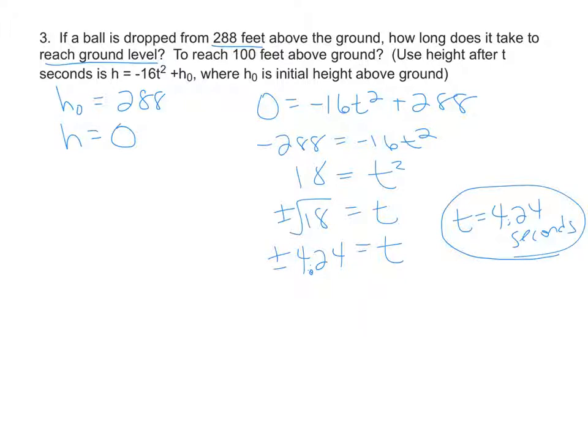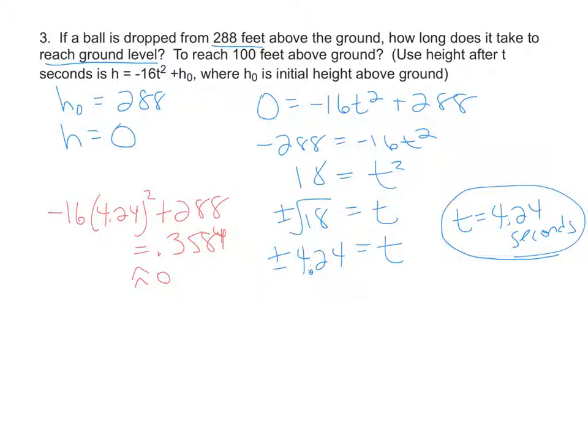Okay, and I can check this by plugging it in and making sure that when I take negative 16 times 4.24 squared plus 288 and put that into my calculator, I end up with 0.3584, which is very close to 0.